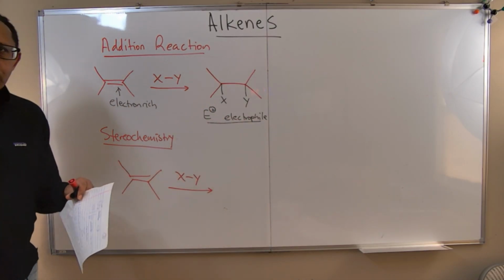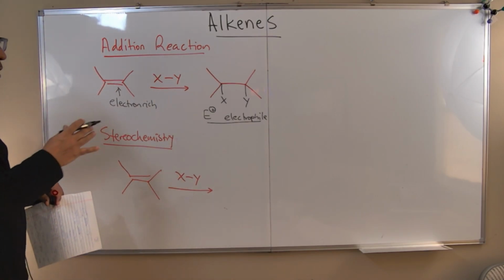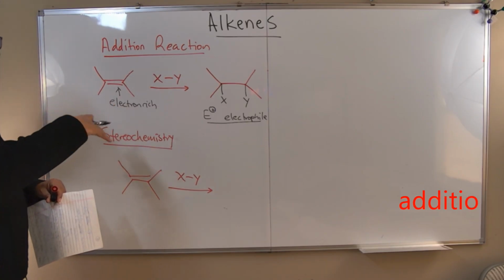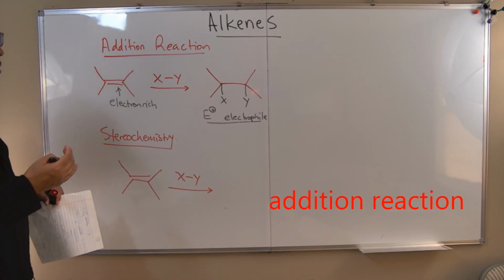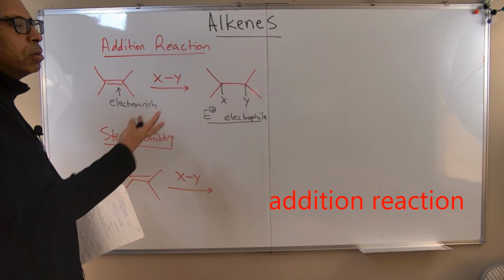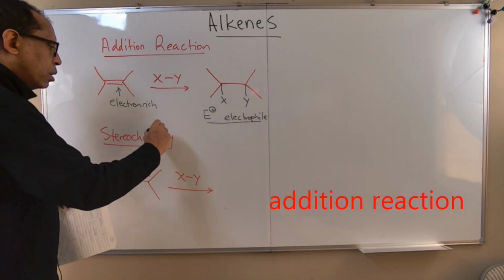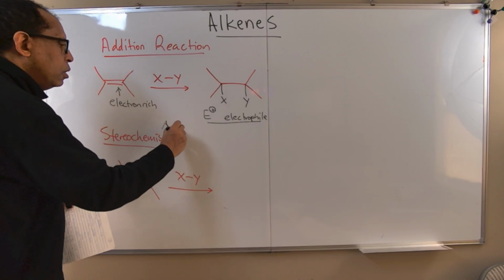So most of the reaction in alkenes is that the electron-rich double bond would be donated to an electrophile. That is called an addition reaction. So this is an addition reaction.